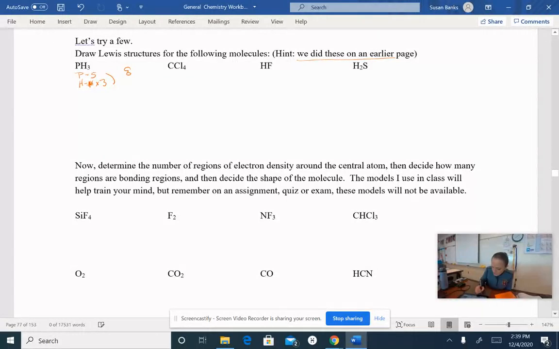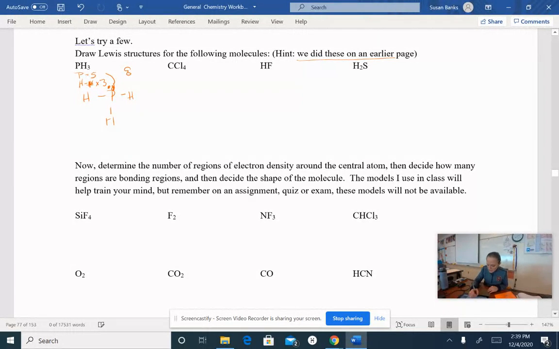So altogether I've got 8. Now I'm going to put phosphorus in the middle. If you want to know where I'm coming up with these numbers, you can go back to the previous YouTube videos that I posted to show you where I'm coming up with these valence electrons.